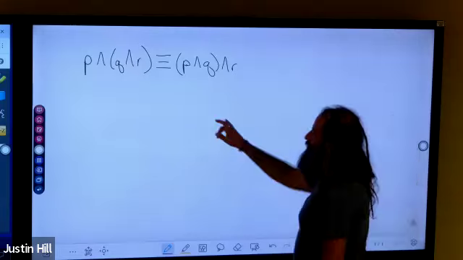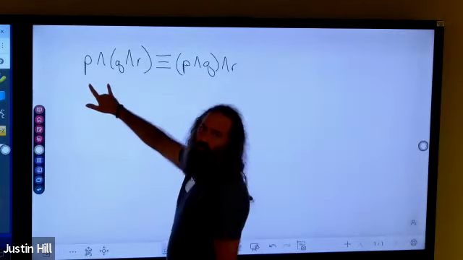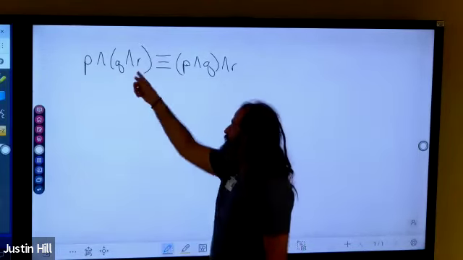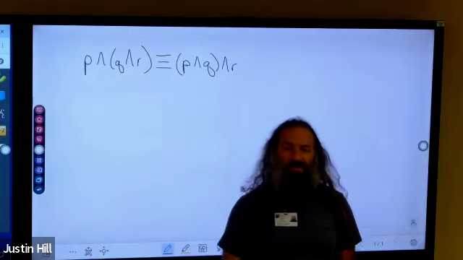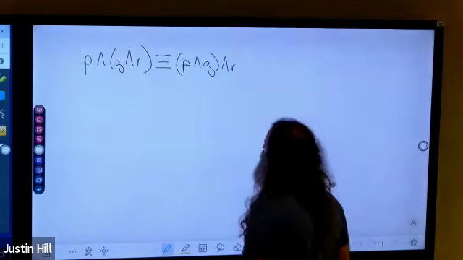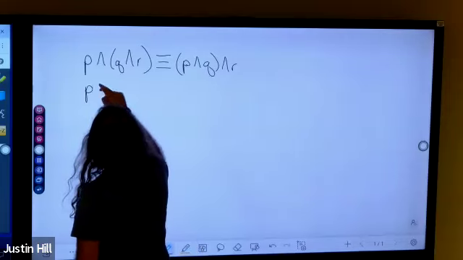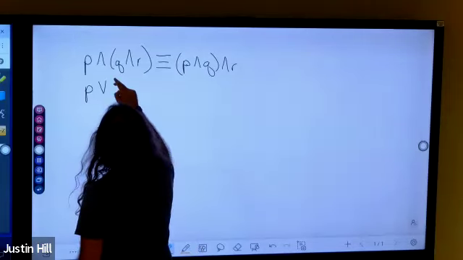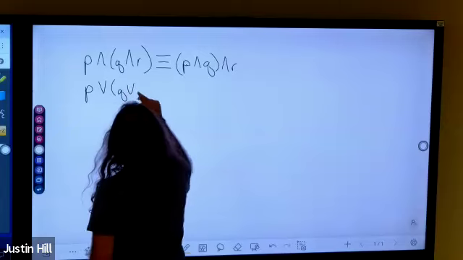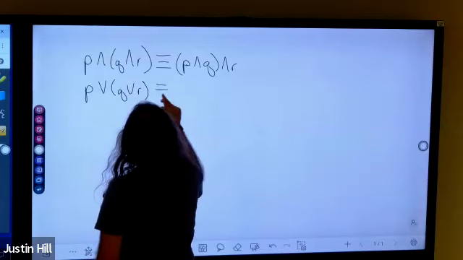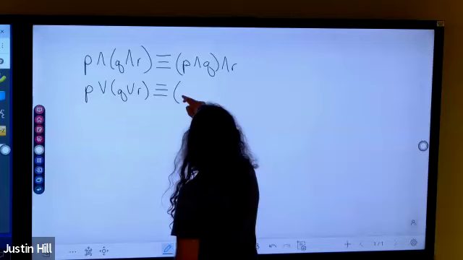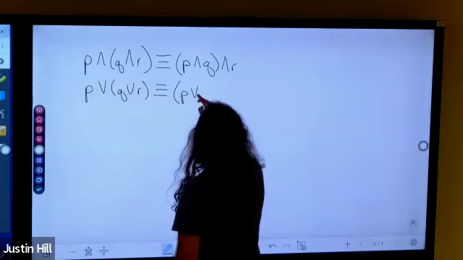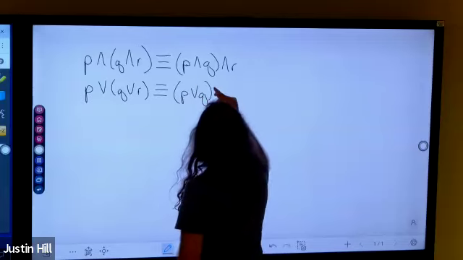So I can change the parentheses, I can change the order that I do the operation in, as long as I have the same operations all the way through and I get the same result. And this is also true with the OR symbol. So if I do P or Q or R, that's exactly the same as P or Q or R with the parentheses moved.